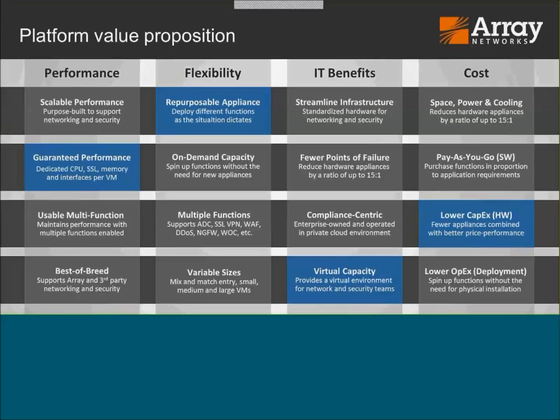Even if you are deploying different functions, it still maintains that higher level of performance, and you can run whatever you want on it in terms of best of breed, and so on and so forth. Flexible, you can repurpose it, on-demand capacity, multiple functions, different sizes. The IT benefits, streamlining the infrastructure, fewer points of failure, compliance-centric with its separation, virtual capacity.